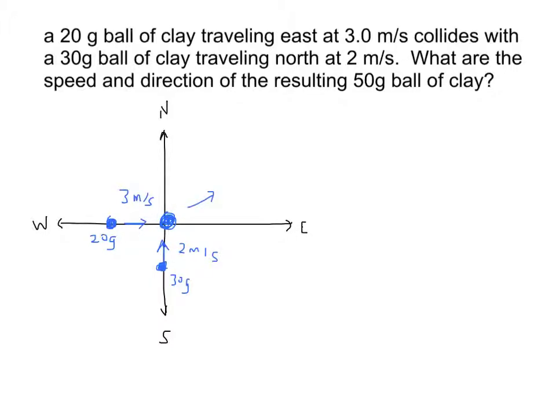So what's tricky about this one is that we now have a 2D problem. We've got a north and east direction, which means we have to use vectors in order to solve it.